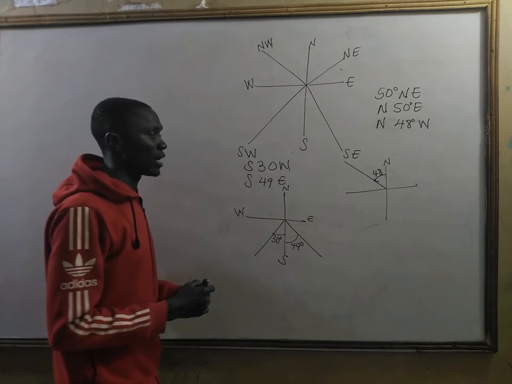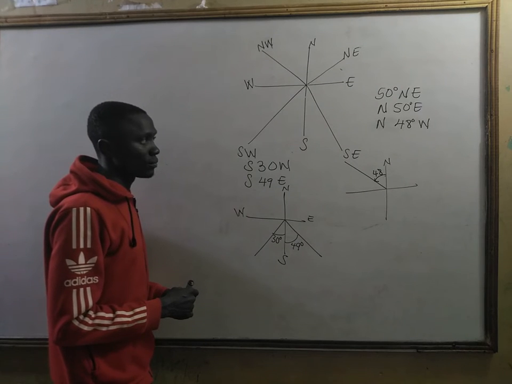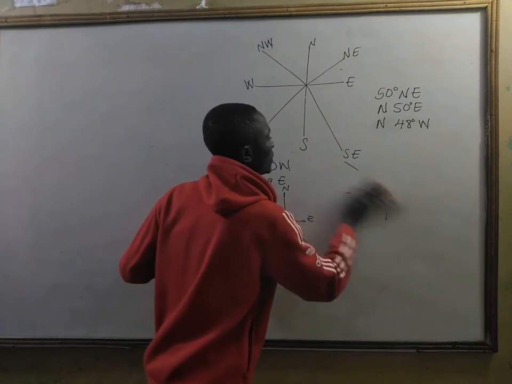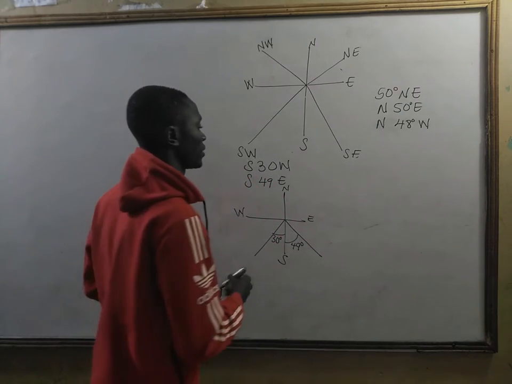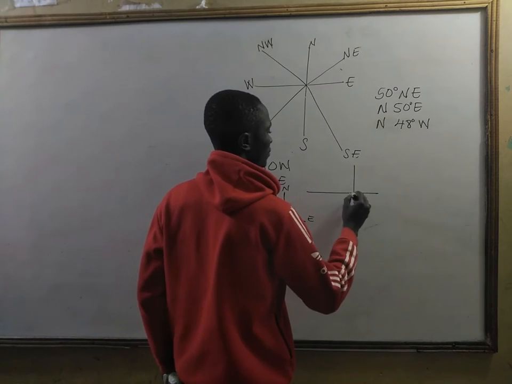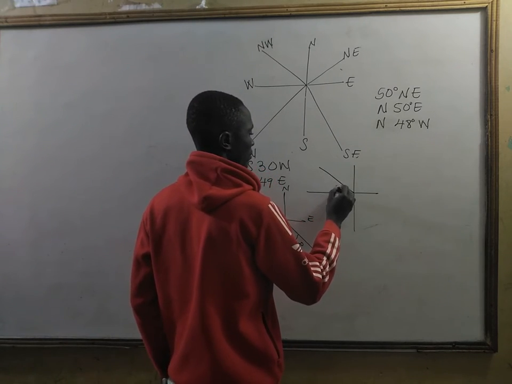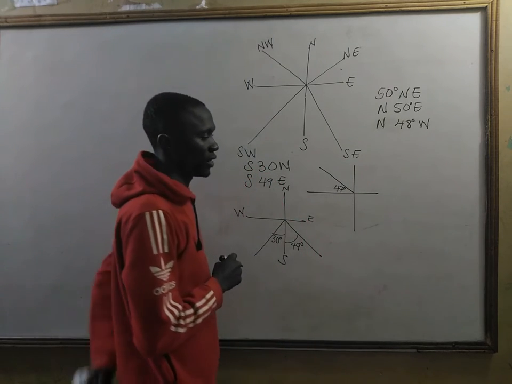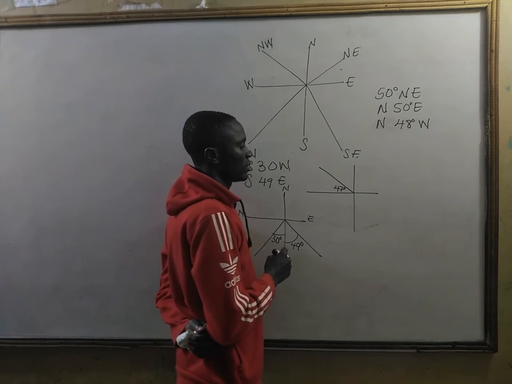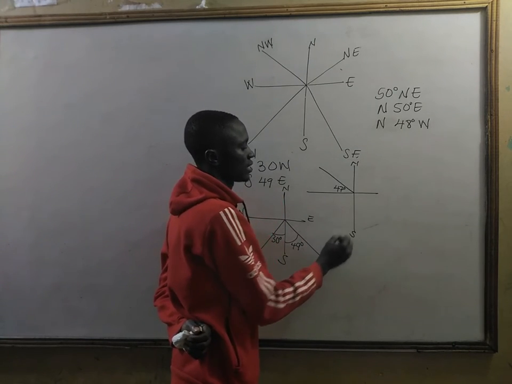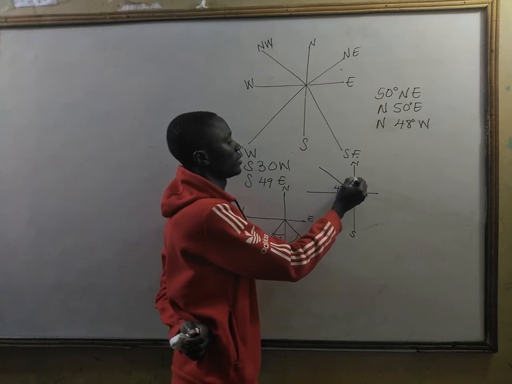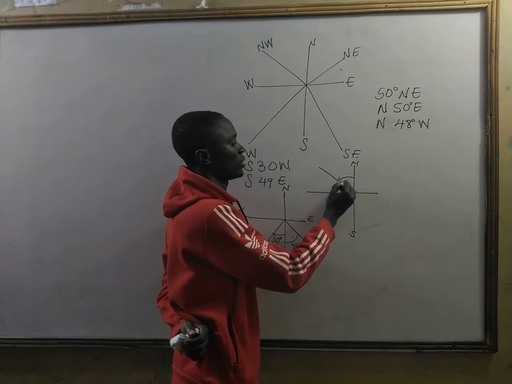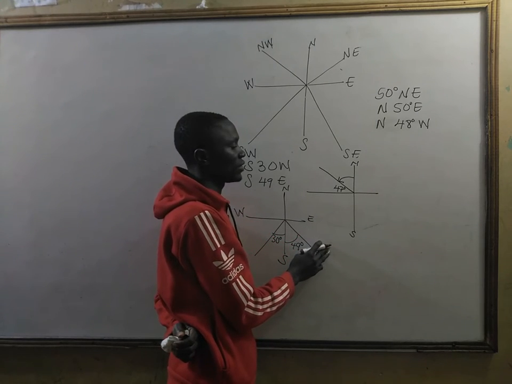Now, how do we describe what I'm going to draw on the board in terms of compass bearing? In terms of compass bearing, this is my north and this is my south. If I stand at north, I can measure to this line, but that is very big.